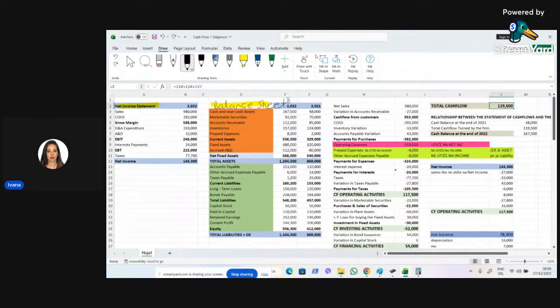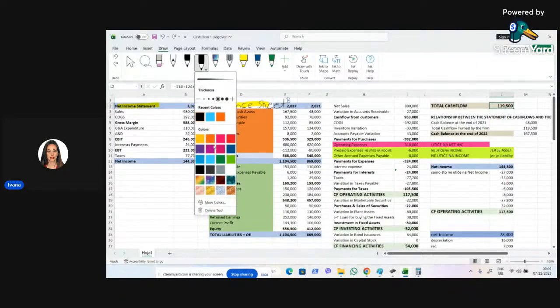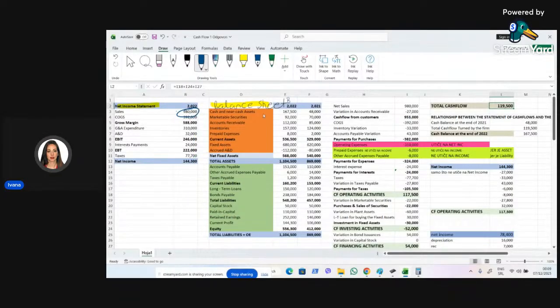And here we have our cash flow. So let's begin. For example, net sales: 980,000. We have here variation in accounts receivable.